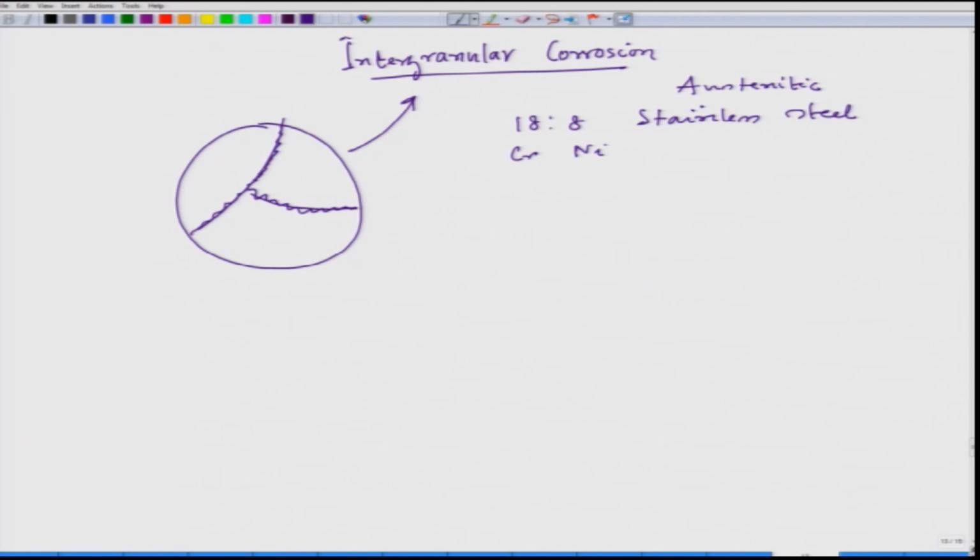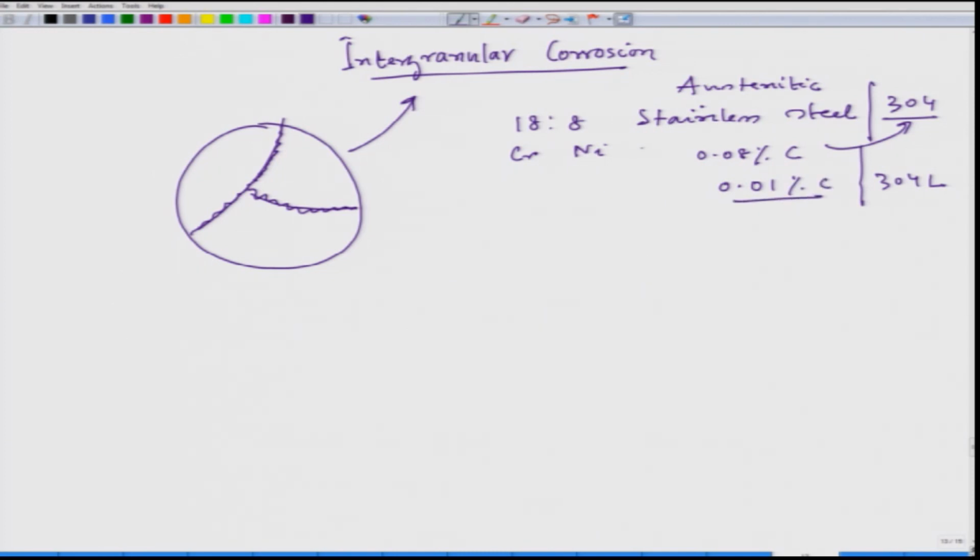For example, normal stainless steel contains 0.08% carbon, and this is the typical 304, the trade name of this particular steel. Now, if it is 304L, that means the carbon content goes to 0.01%.